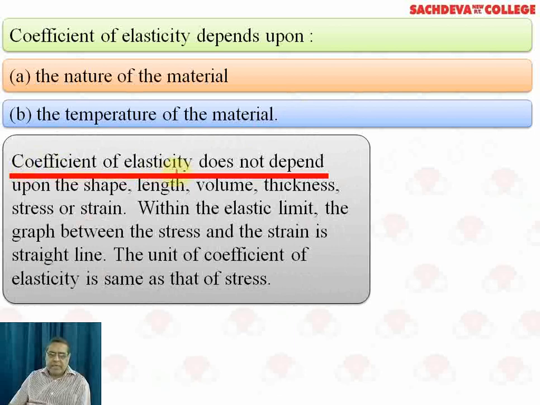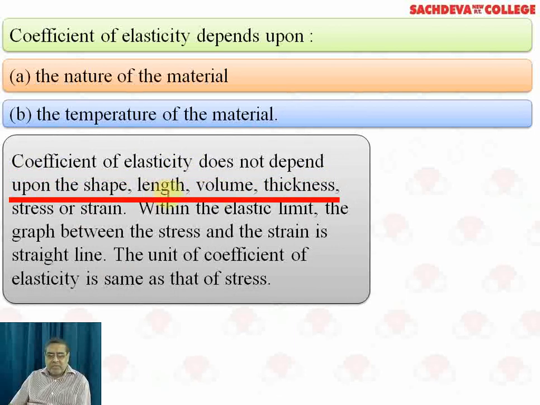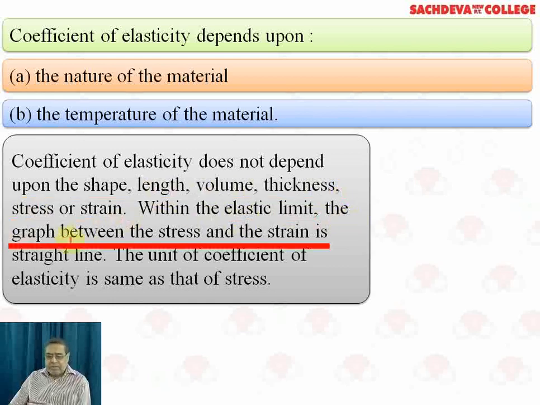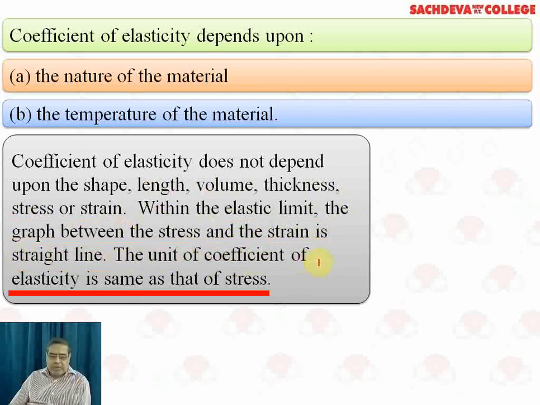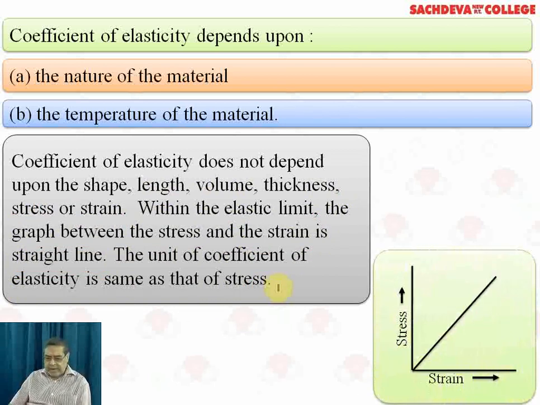The coefficient of elasticity does not depend upon the shape, length, volume, thickness, stress or strain. Within elastic limit, the graph between stress and strain is a straight line. The unit of the coefficient of elasticity is the same as that of stress. So when the stress-strain graph is a straight line, we say that the coefficient of elasticity does not depend upon the variations.